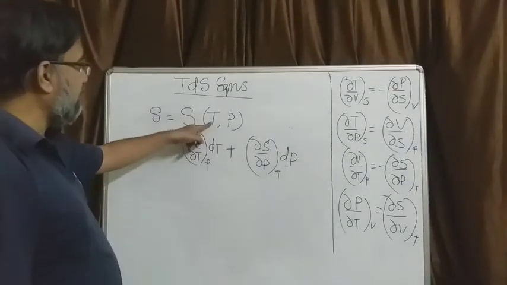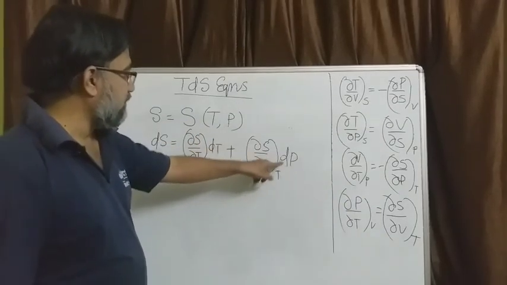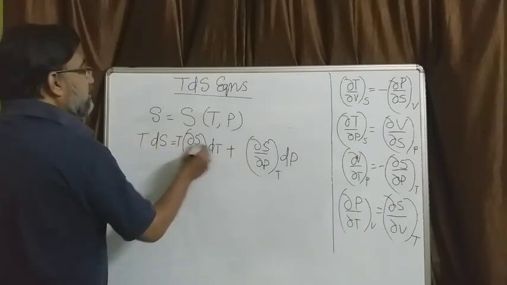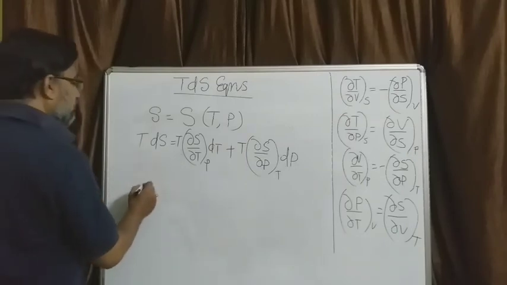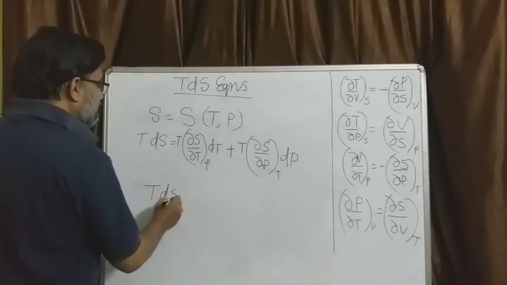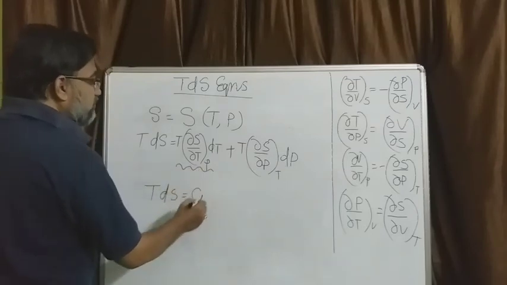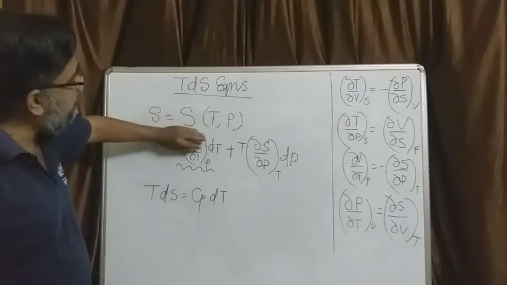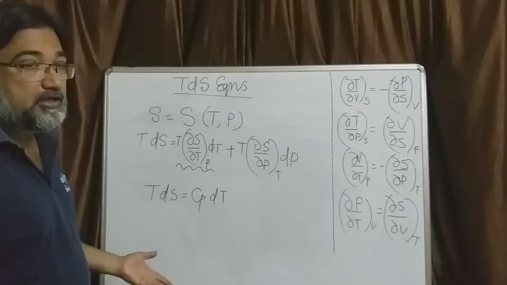Del S del T P dt, del S del P T. Now multiply T here same way, T here and T here. Multiply T everywhere. So you get TDS is equal to, just like there it was Cv, here it will be Cp, same expression. Only here this is the total amount of heat divided by temperature difference at constant pressure. That is nothing but your specific heat at constant pressure.